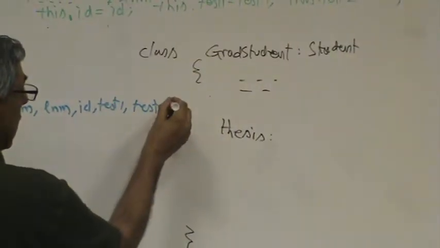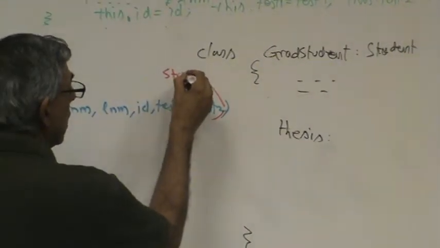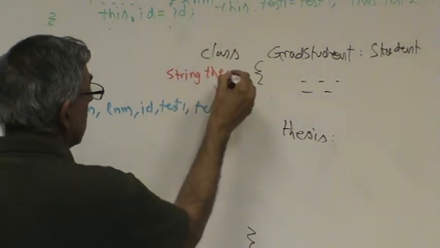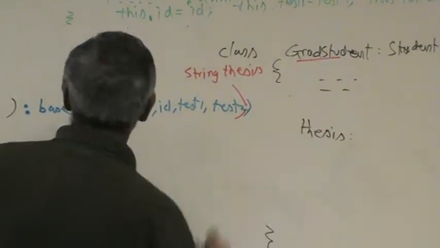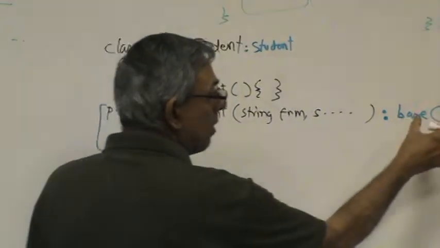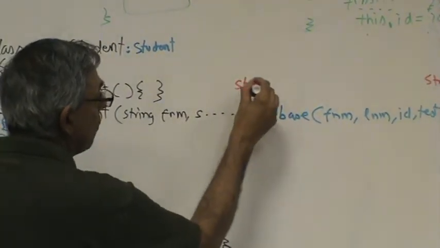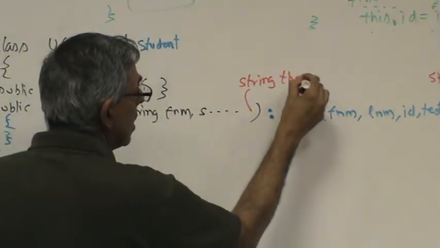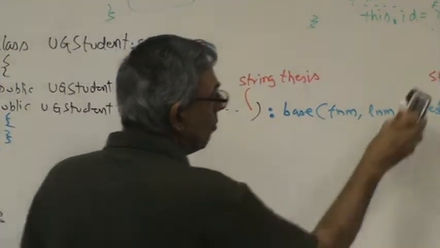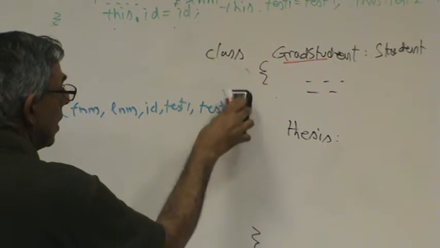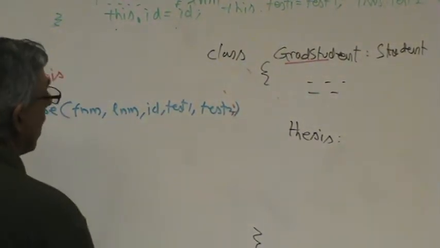For the grad student, there will be one extra parameter, string thesis, not over here, because the base class constructor only takes 5 fields.